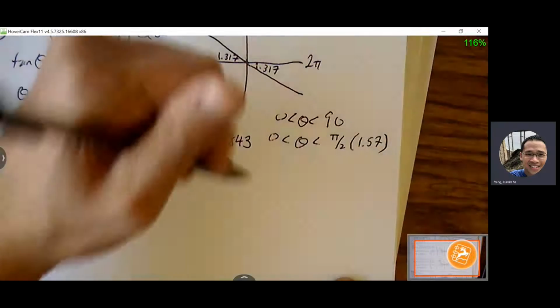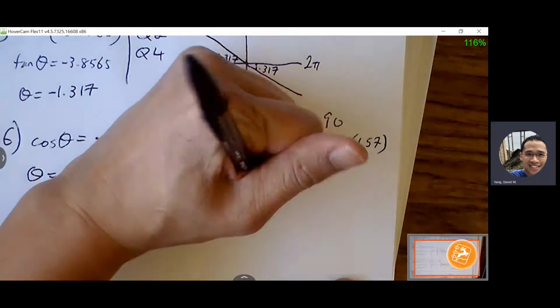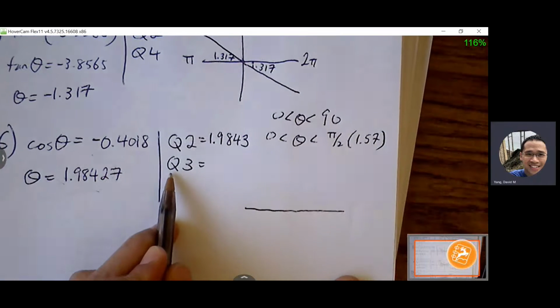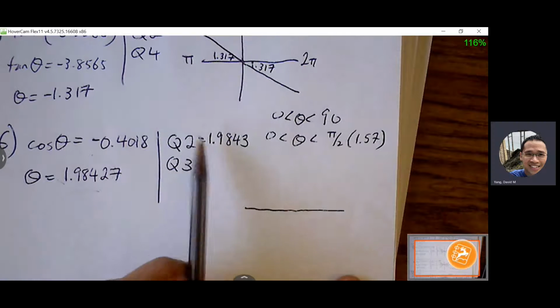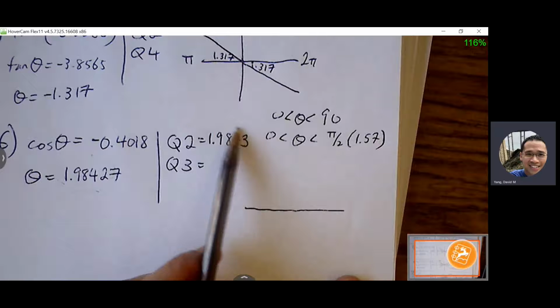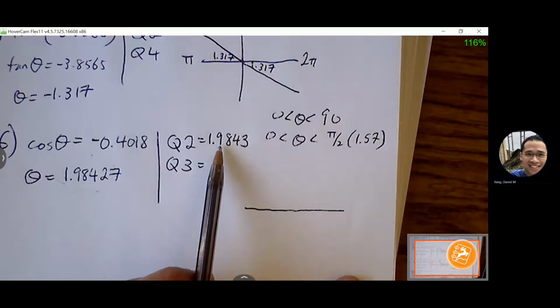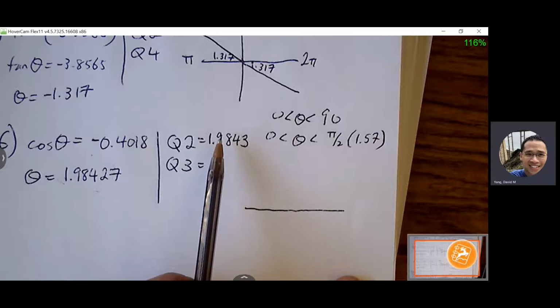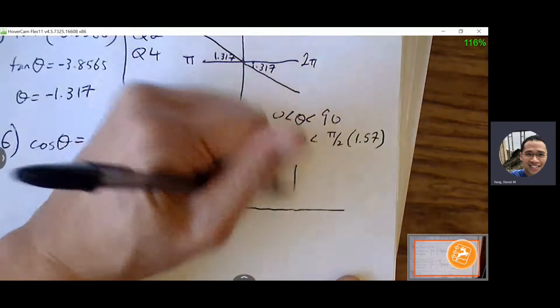Okay, but we have to work backwards to figure out what that reference angle is so that we can find that quadrant 3 value. Right? Pretend like the angle that's being given back to you is like 160 degrees, and you have to figure out what that reference angle is.